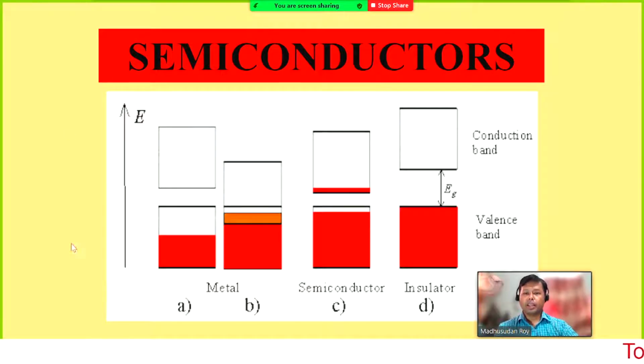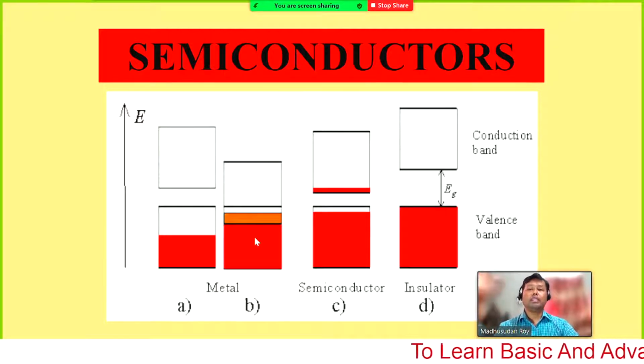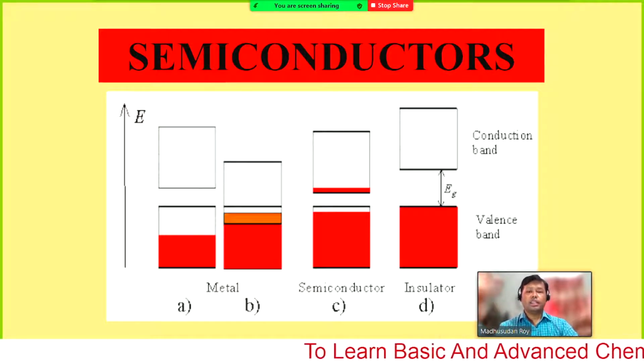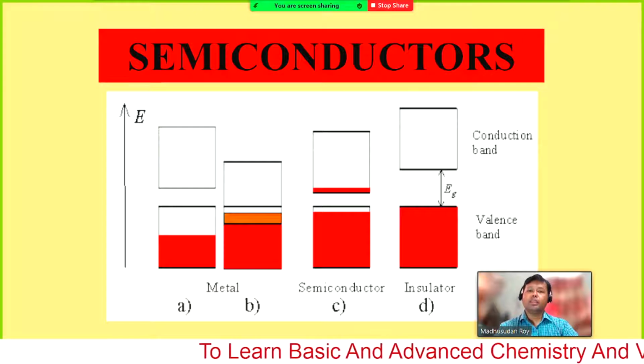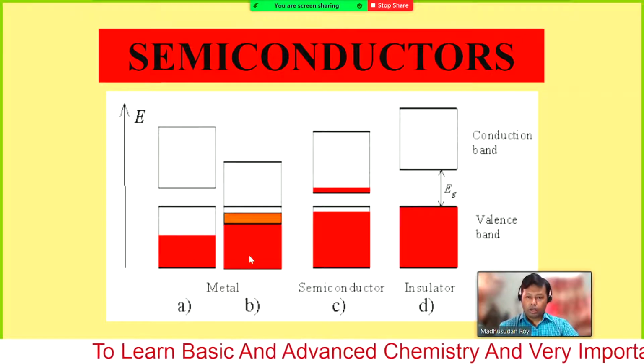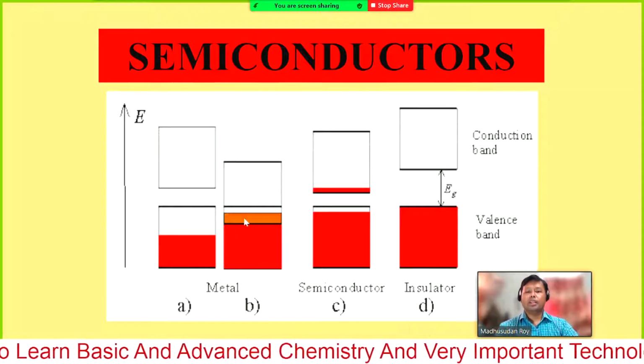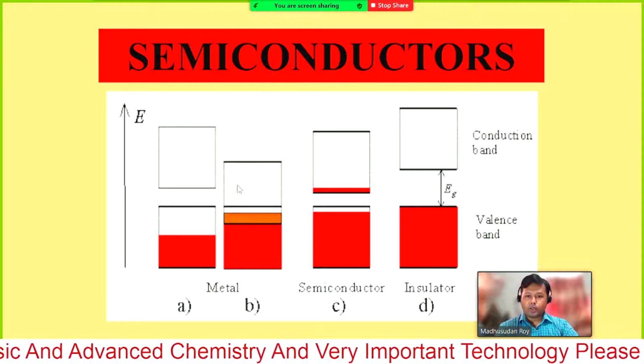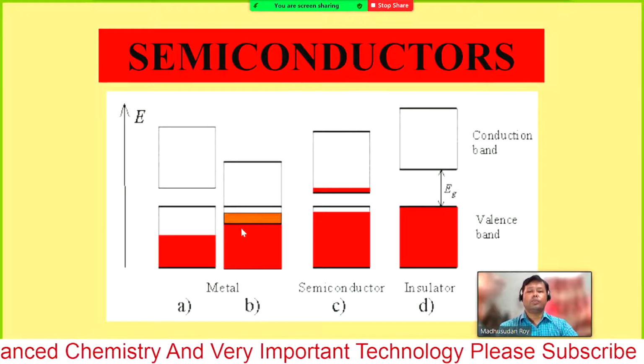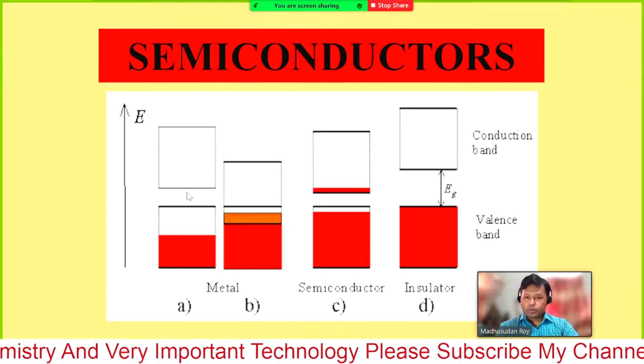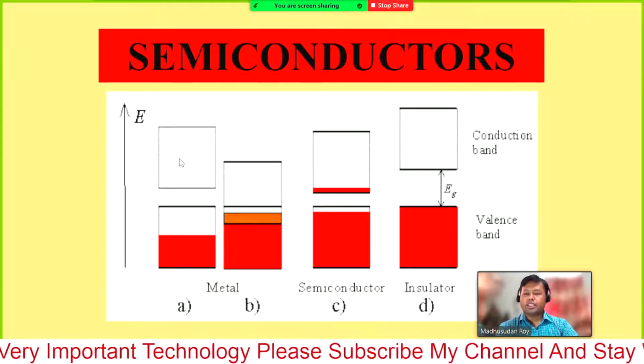So in case of metal, some metals can conduct electricity very fast. They have the valence band and the conduction band, and the valence band and the conduction band are overlapped. Here you can see this band, this is the valence band and this is the conduction band.